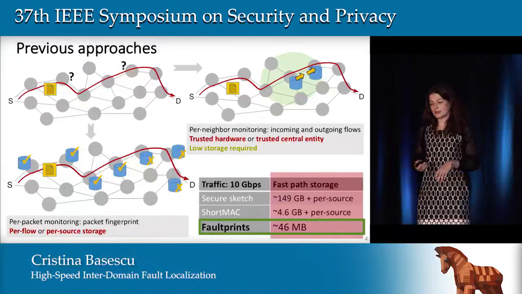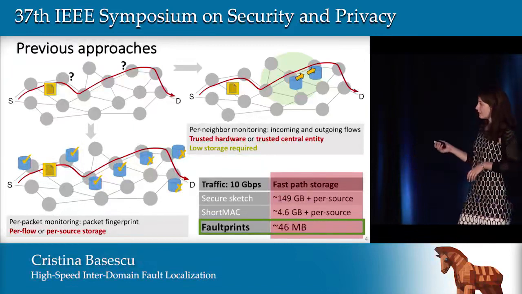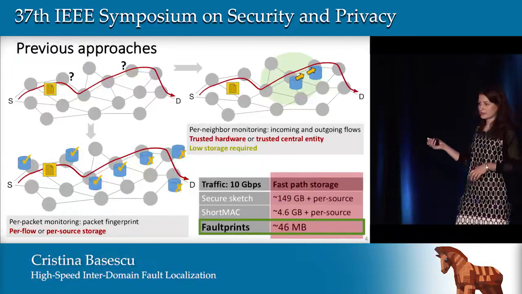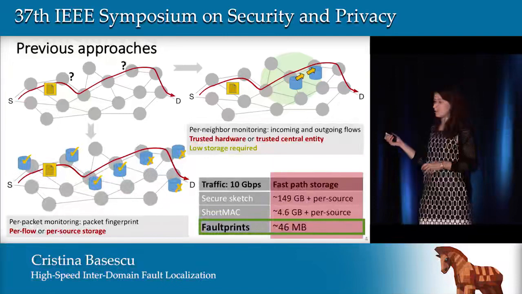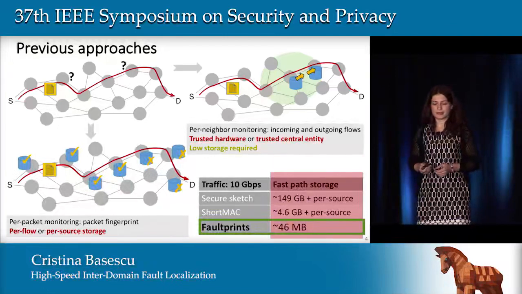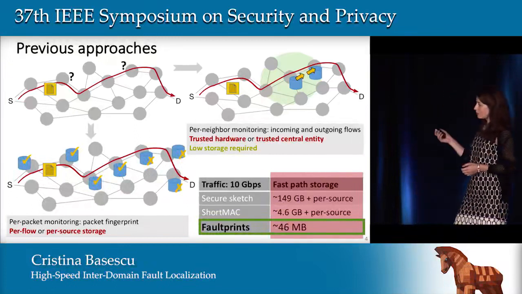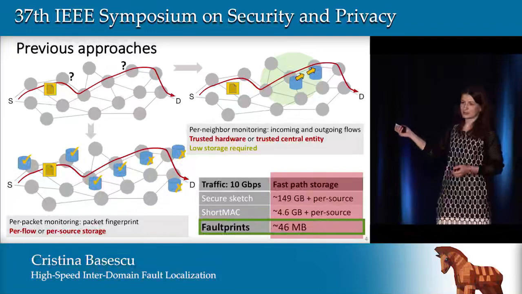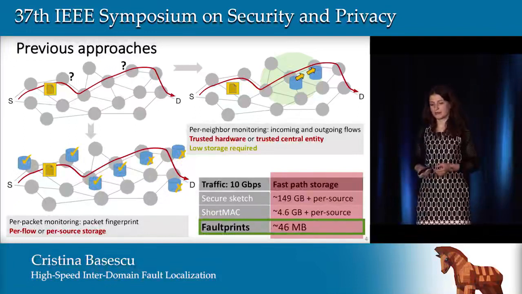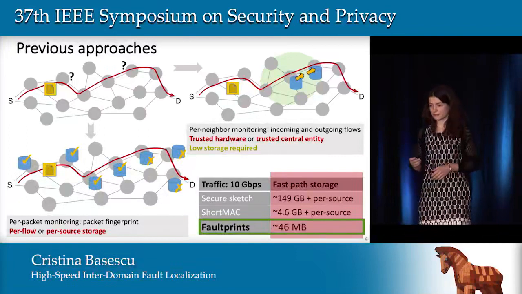And in fact, you can see in this table, in the first 2 columns, they require up to a couple of gigabytes and then up to hundreds of gigabytes. And this is on the fast path. And so this is not exactly practical. And I will present you FallPrints. This is our approach that only requires less than 50 megabytes of storage.